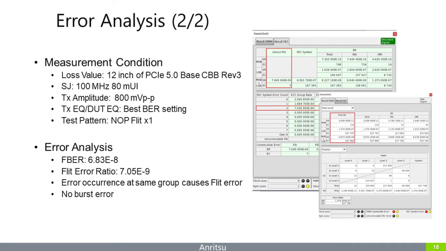But actually, you can find the error rate of FBER is E minus 8, 6.83. Flit error rate is 7.8. So, which means in one flit, there are 2 ECC errors. So that means the flit error ratio is worse than the actual FBER.